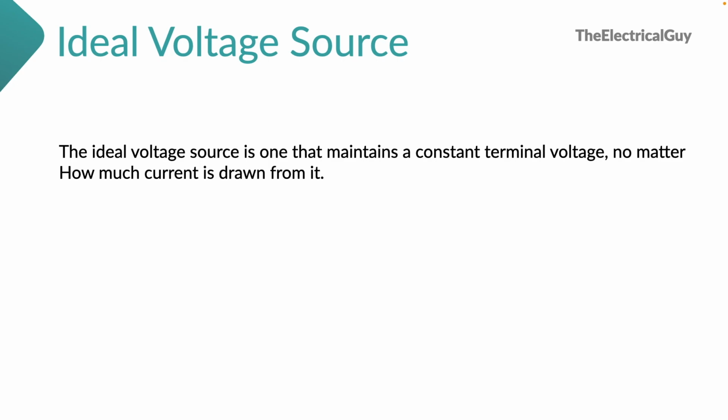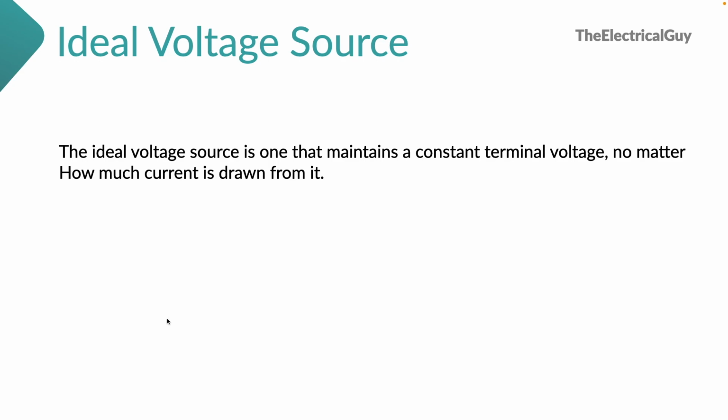The ideal voltage source is one that maintains a constant terminal voltage no matter how much current is drawn from it. Now we have seen we connected a 10 ohm resistor first, then 20 and then 50, but still the voltage across the terminal of that voltage source was constant. So of course that was the ideal voltage source.